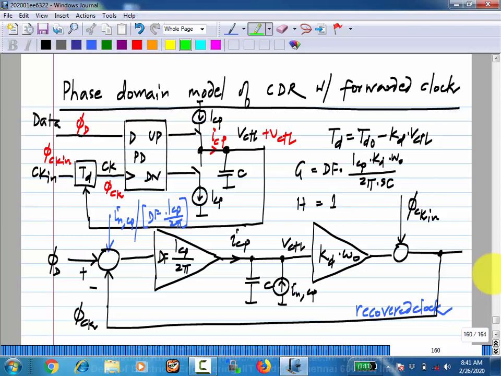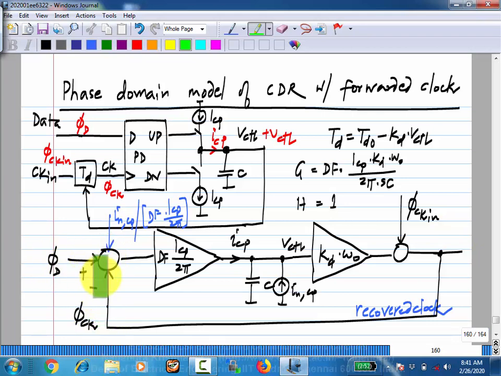So that is one measure, how well you are tracking the data in spite of some changes in the input. Another measure is that you recover this clock, and this recovered clock can have some jitter. It may be desirable, because if the input data has jitter, this has to also have jitter so that it will follow it.